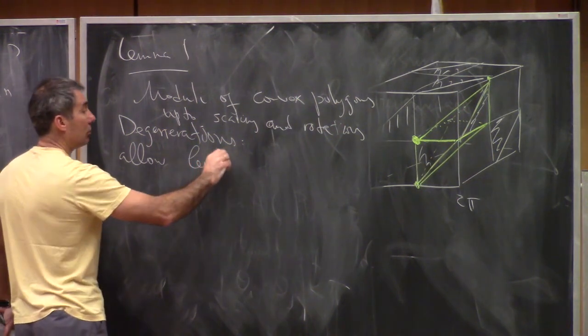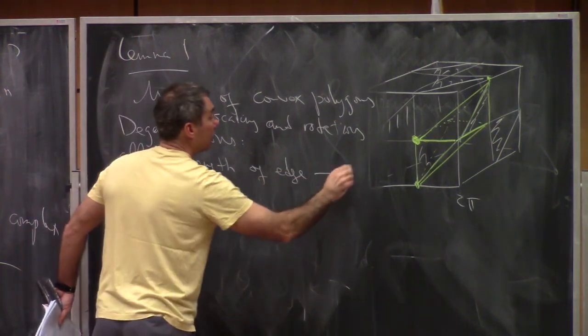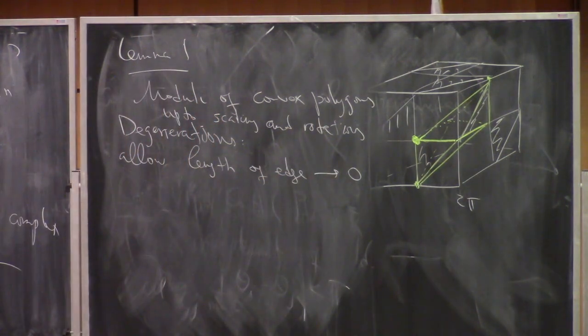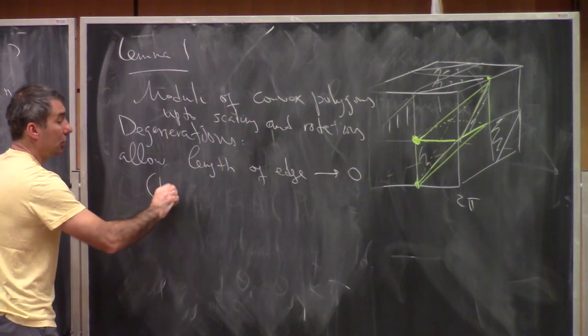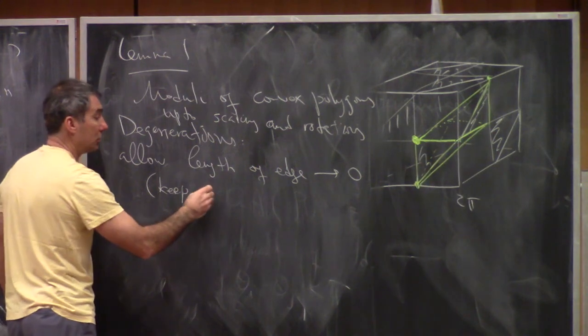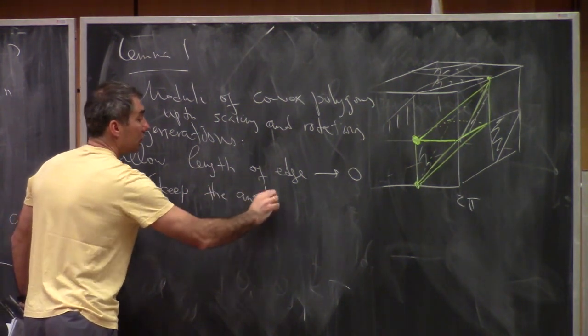You allow the length of an edge to go to 0. While doing so, you still keep the angle in mind.